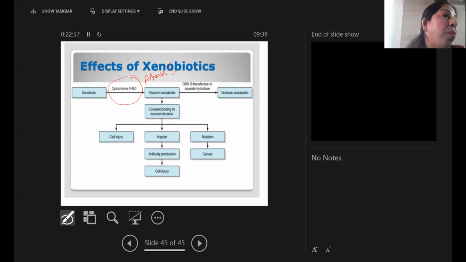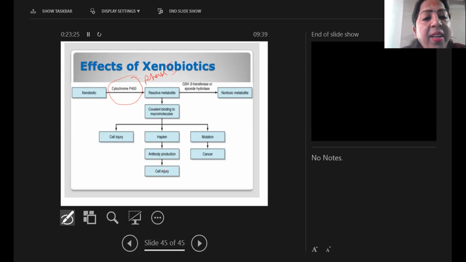So it can have both positive and negative impacts. If it is intentionally prepared against some type of cells which are to be destroyed, these are the mechanisms through which it can destroy those cells. Suppose some cancerous cells are to be destroyed, so a special metabolite is to be generated via phase 1 metabolism. Some drug is designed in a way that it is going to specifically kill the cancerous cell.